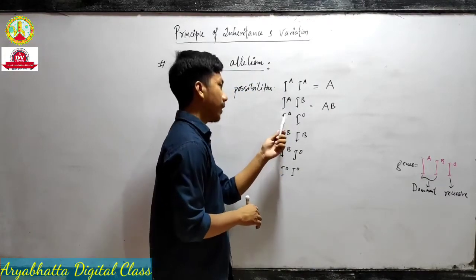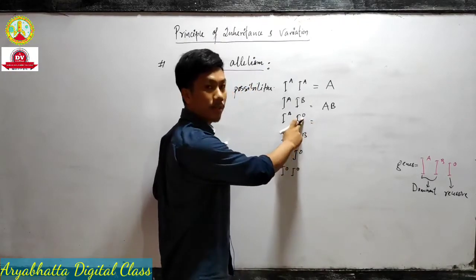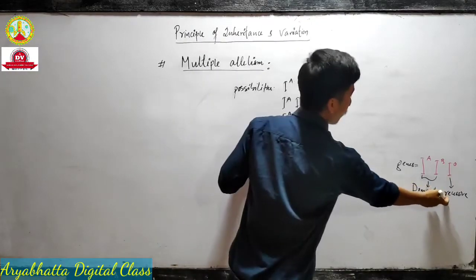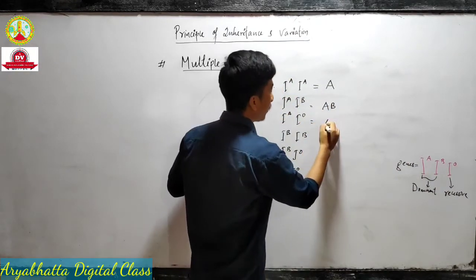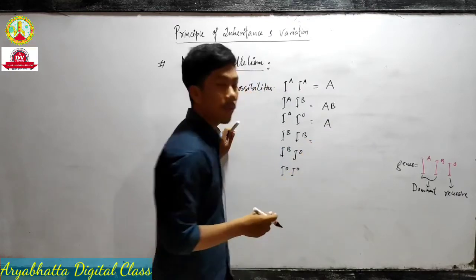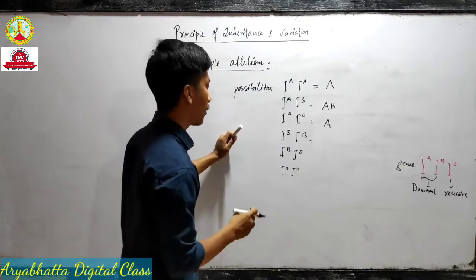Now if there are alleles IA and IO, the blood group will be A, because O is recessive. Dominant characters always show their visibility, so there will be only A. You will understand when you study this. Once, twice, when you practice, you will understand yourself.